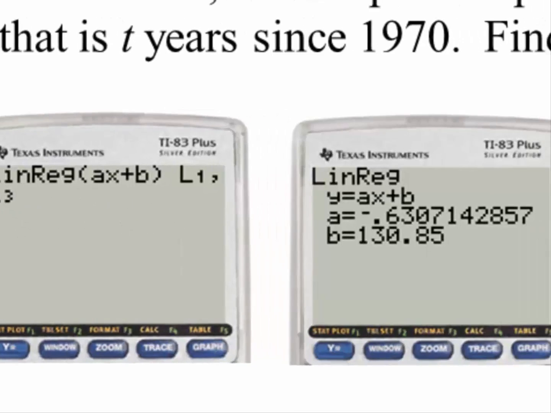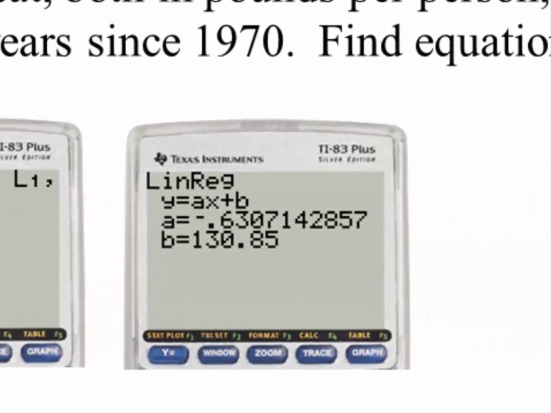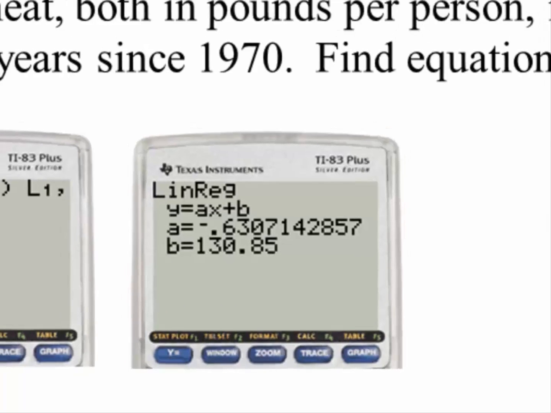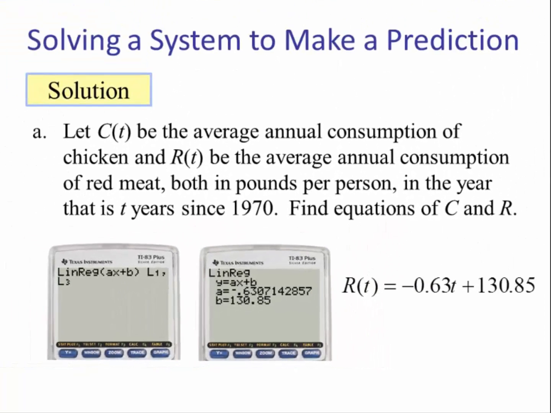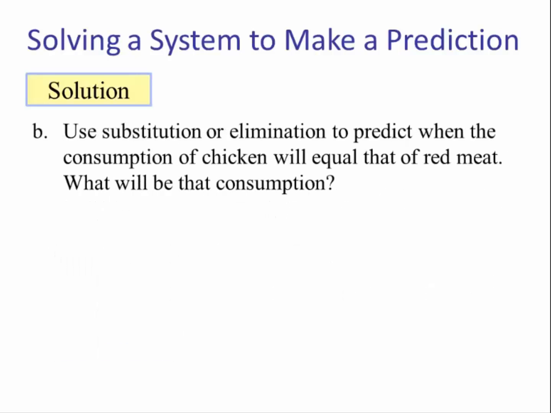You should get this equation, and rounded to 2 decimal places, we can say R of t equals negative 0.63t plus 130.85.